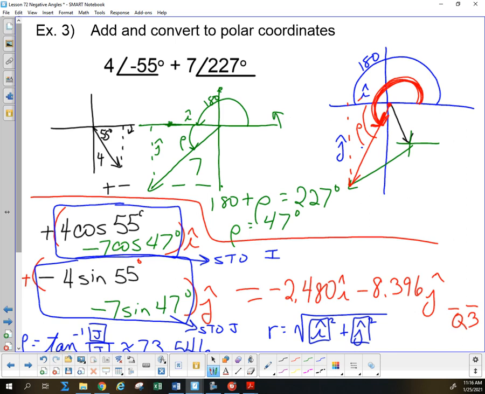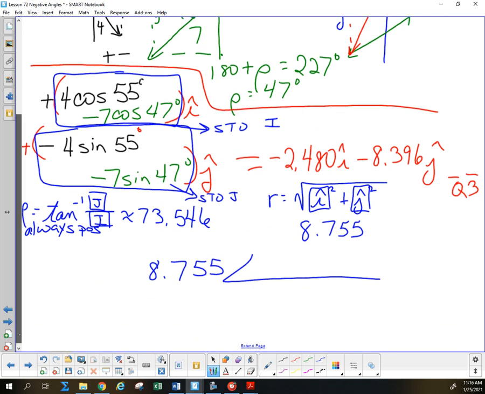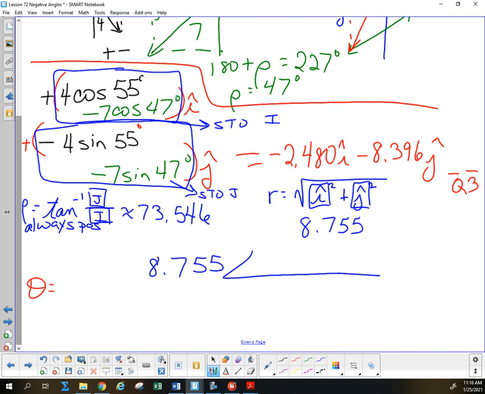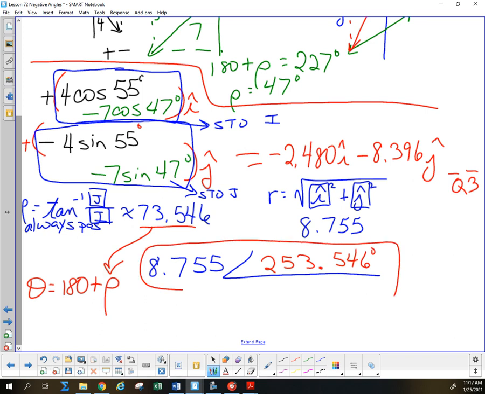So our real angle for this problem needs to be 180 plus the reference angle. 180 plus that 73.546 will give us 253.546 degrees, and that is our final answer.